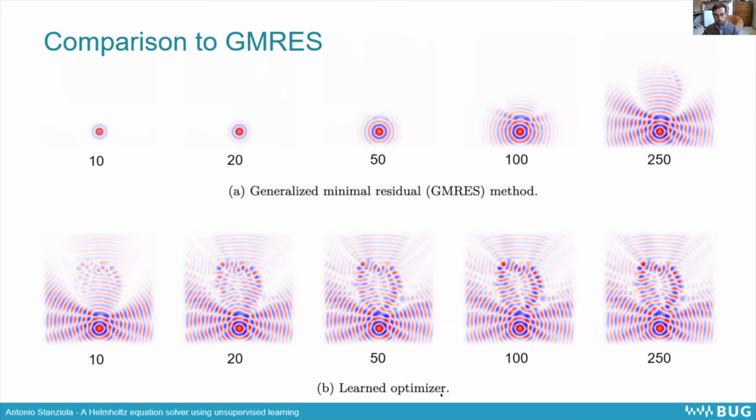While for our learned optimizer, already after 10 iterations, it has spread the estimate of the solution pretty much everywhere, and after 100 iterations, we are more or less converged to the right solution. There are minor changes going on, but we're pretty much done, which is very important for our application because you may want to have a rough estimate of the wave field quickly.